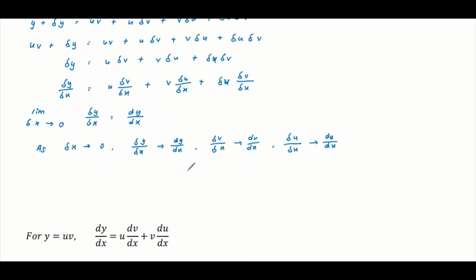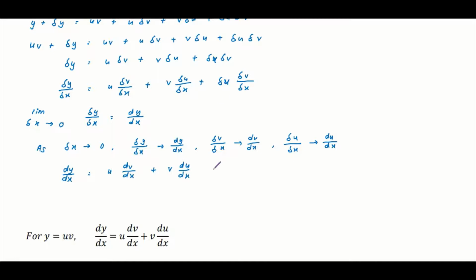Okay, so now let's change everything that we have here. dy/dx will equal u dv/dx plus v du/dx. You can imagine if your small change of x is approaching 0, the small change of u and v are approaching 0 as well.